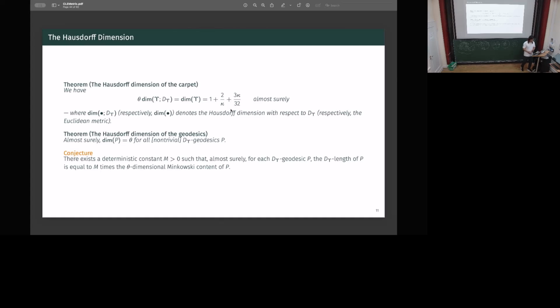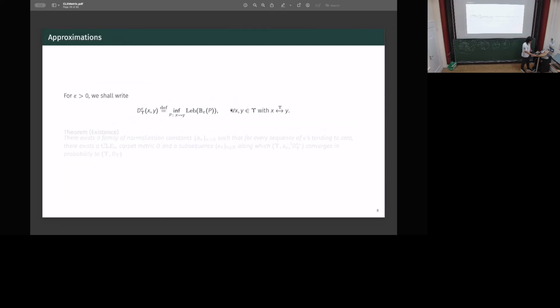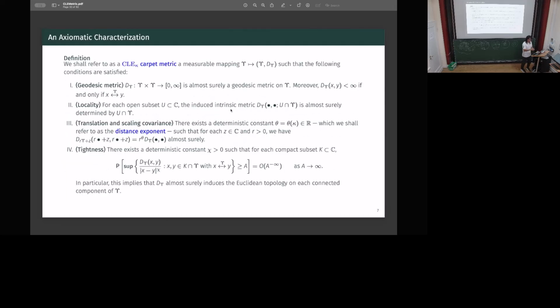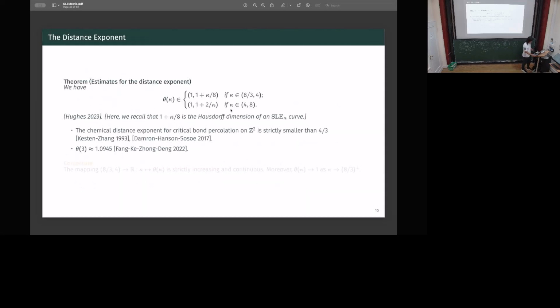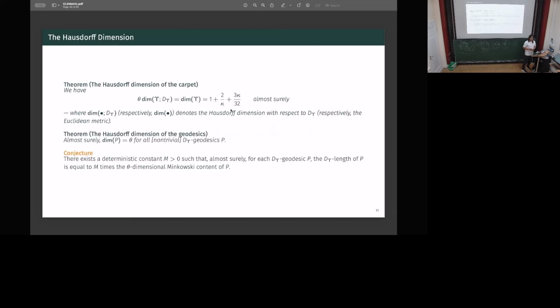So this is quite interesting because from an axiom before, from this locality, we already know that the length of a geodesic is determined by any open neighborhood of this geodesic. But if this conjecture is true, then the length of the geodesic is actually just determined by the path itself.